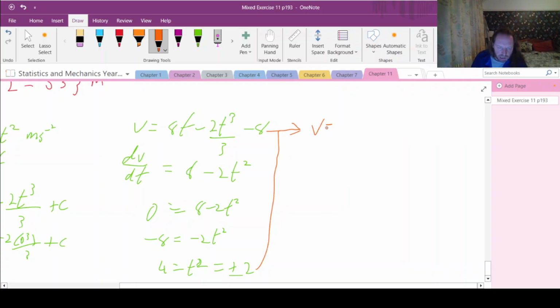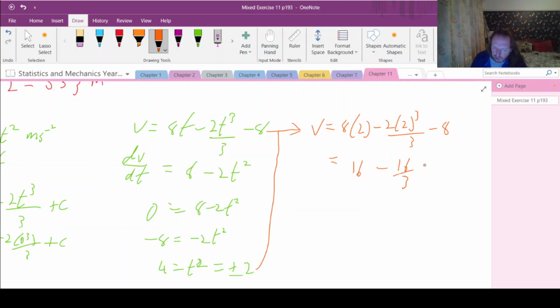So the velocity is equal to 8 times 2 minus 2 times 2 cubed over 3 minus 8, and so we end up with 16 minus 16 over 3 minus 8, which gives us 16 minus 8 minus 16 over 3, which gives us 8 over 3 meters a second.